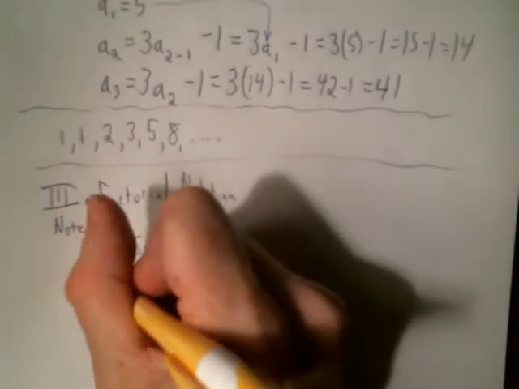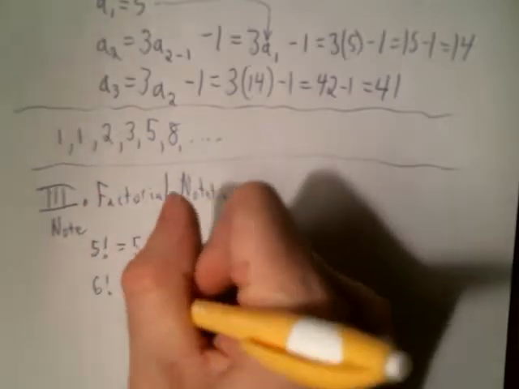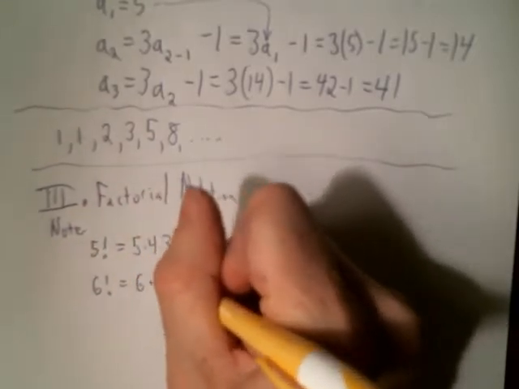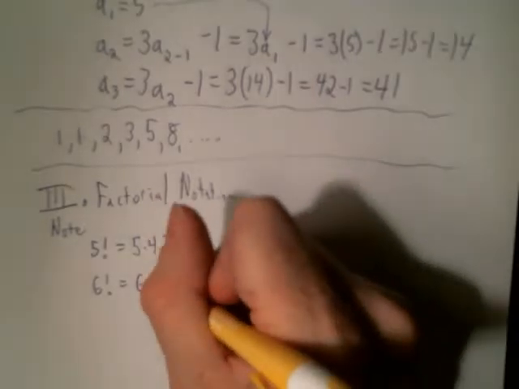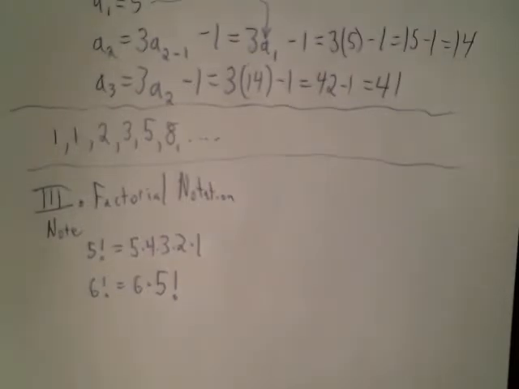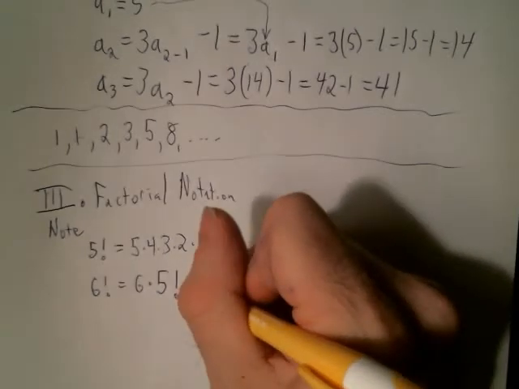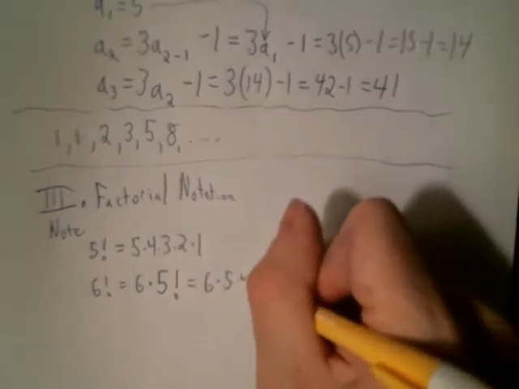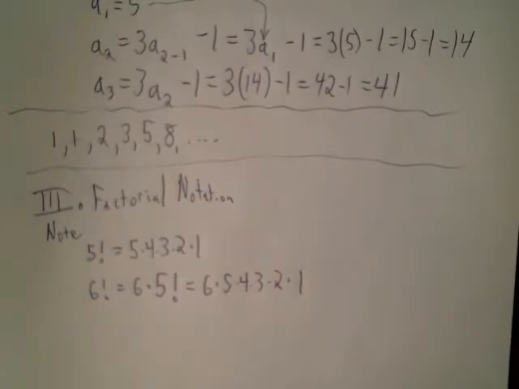So for example, 6 factorial is 6 times 5 times 4 times 3 times 2 times 1. So it has a recursive flavor to it because you can write 6 factorial as 6 times the previous factorial, which of course is 6 times 5 times 4 times 3 times 2 times 1.